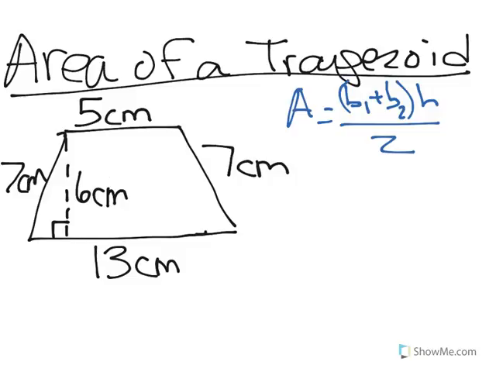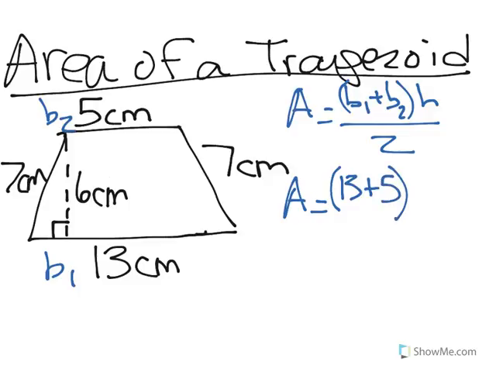Now I need to substitute the numbers for the variables. I don't know my area, so I'm going to keep it area. I do know my bases. Base 1 is 13. Base 2 is 5. My height is 6. Make sure you do not use 7.